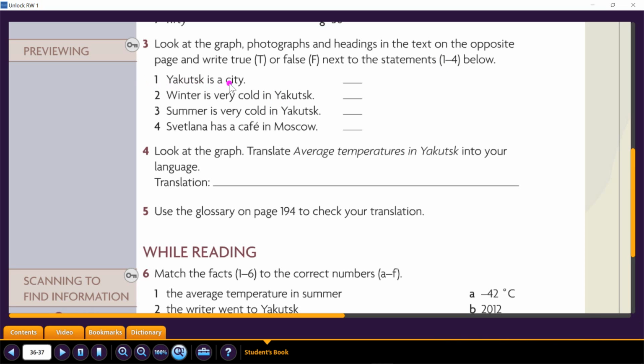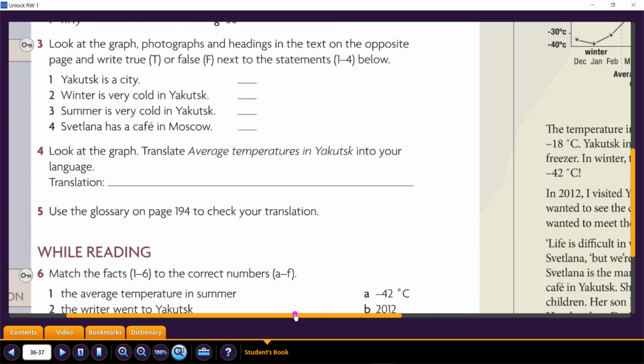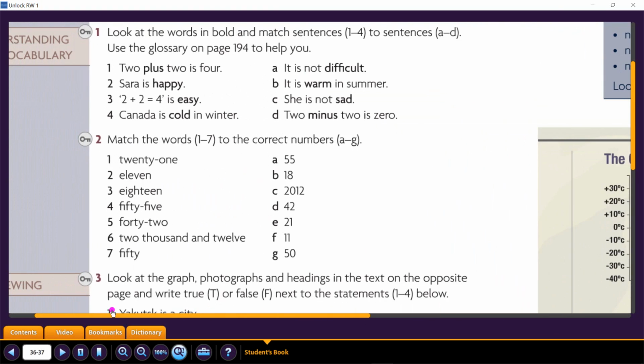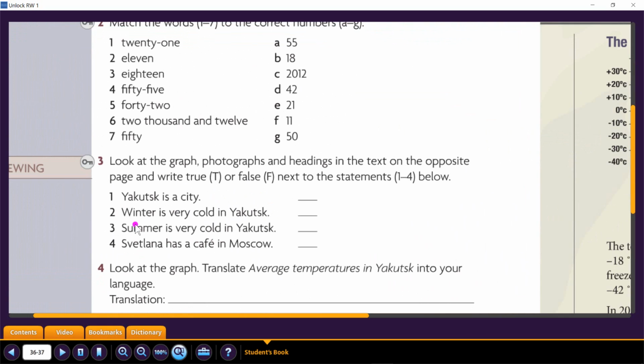Yakutsk is a city. What do you think? Here we have city, here we have Yakutsk. Is it a city or a country? Winter is very cold in Yakutsk. Summer is very cold in Yakutsk. Svetlana has a cafe in Moscow.